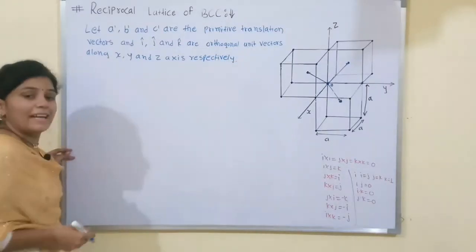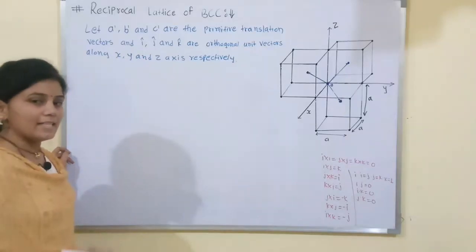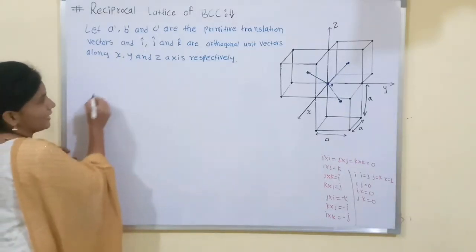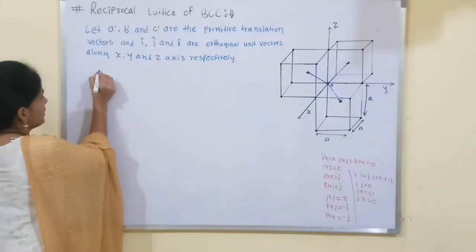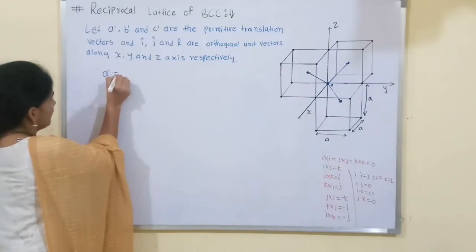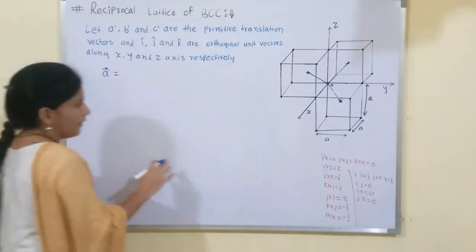So we will write the value for A dash, B dash and C dash, or we can say for the primitive translation vectors. Then we will start from A dash vector.